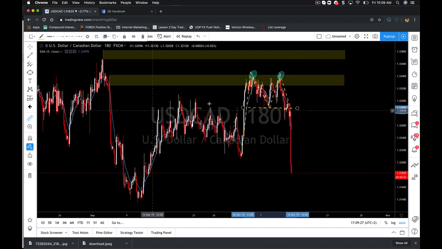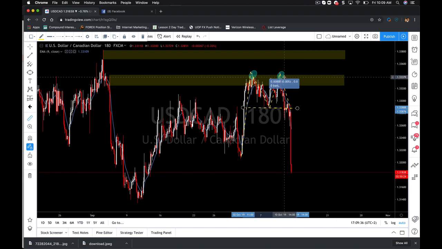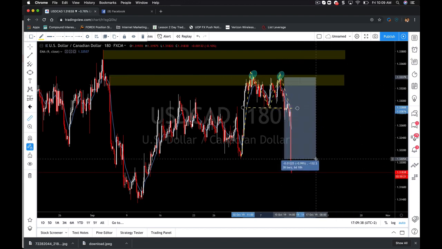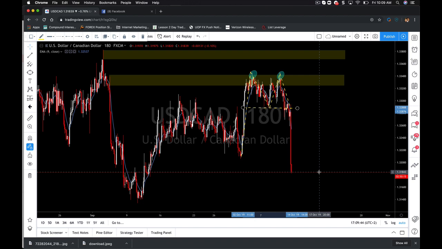If you would have done that even at the break, let's just consider it here to here, you call it 89 pips. Now if you took it from the top, which I probably would have, and just set my stop loss just above that high, you're looking at 155 pips.